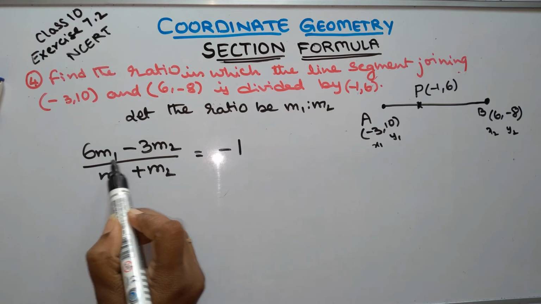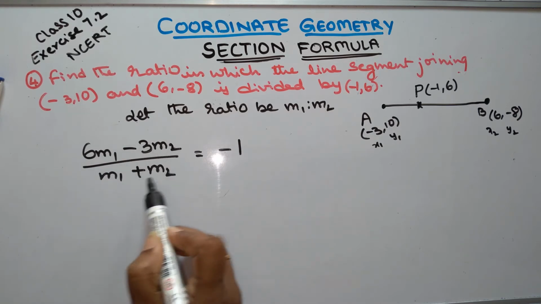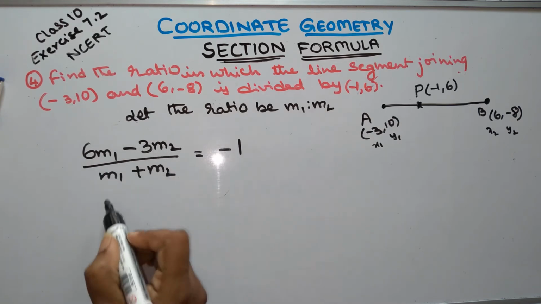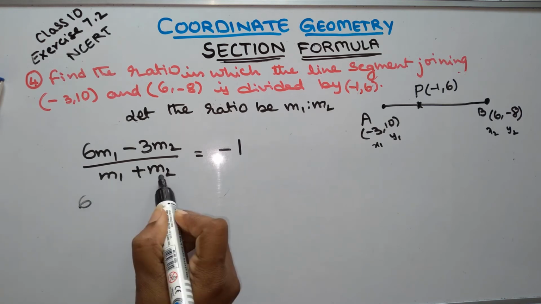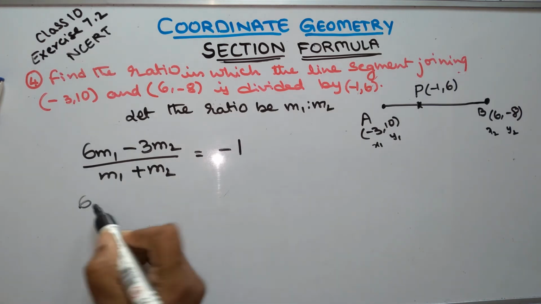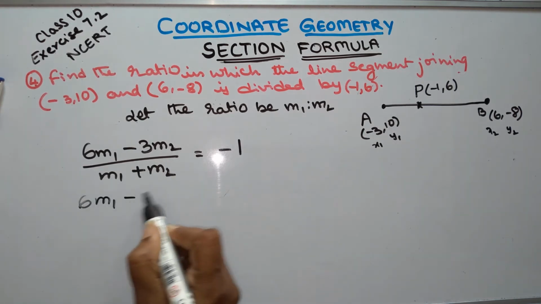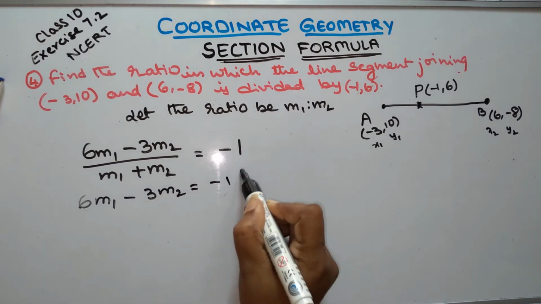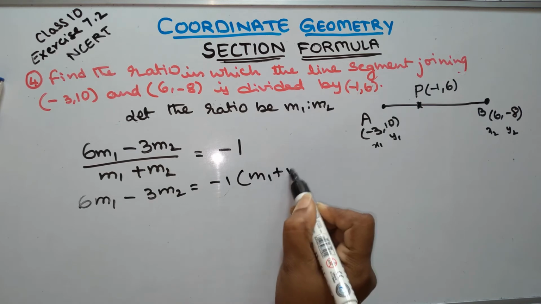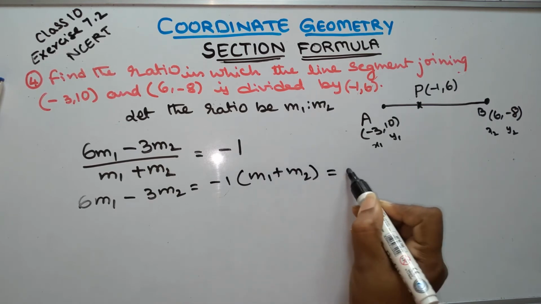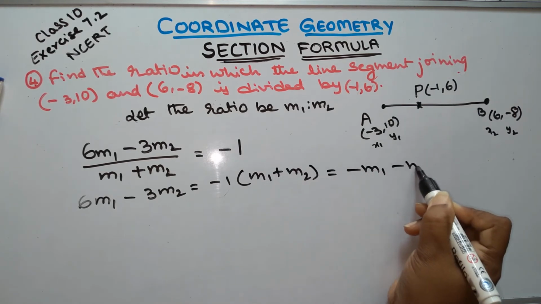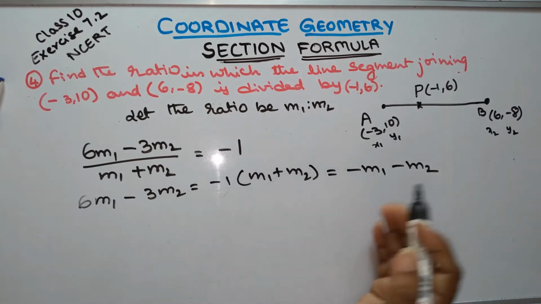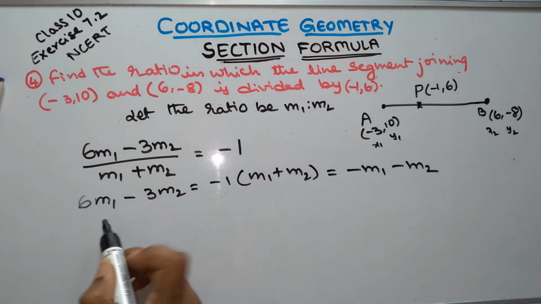So 6 M1 minus 3 M2 by M1 plus M2 equals -1. Take M1 plus M2 to that side. Then 6 M1 minus 3 M2 is equal to -1 into (M1 plus M2), which is equal to -M1 minus M2. Now bring all the terms to one side.